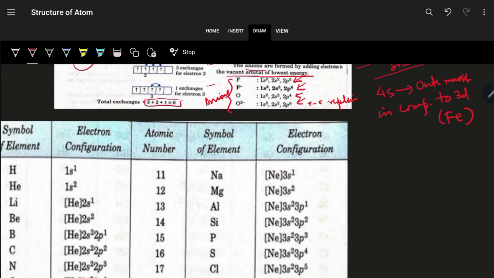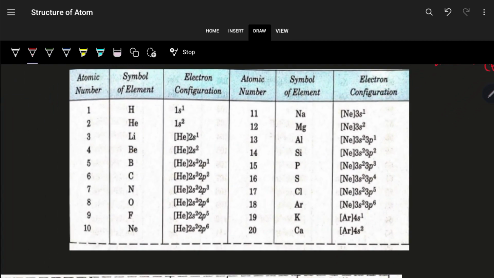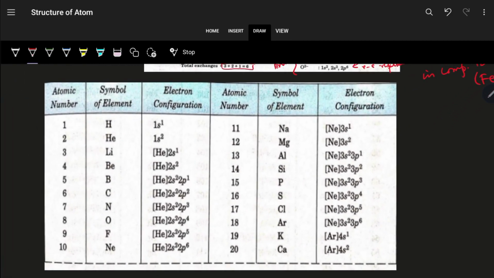Okay, so now these are the condensed electronic configurations, and that means with respect to the nearest noble gas. See, hydrogen, then the noble gas is helium. When I'm writing lithium, then it is given with respect to helium.